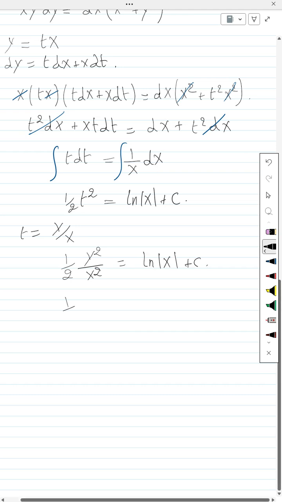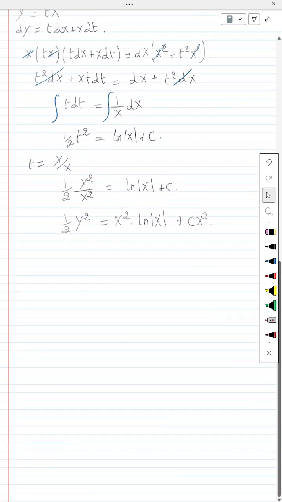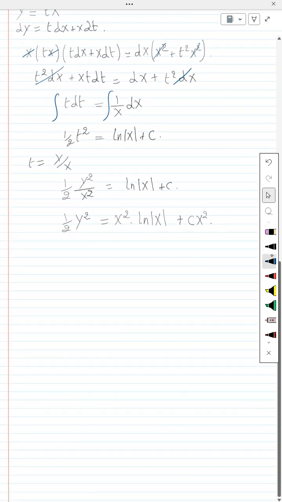So it's going to be 1 over 2 y squared is going to be equal to x squared ln x plus cx squared. And this is our solution for this equation. And I think now it is simple how to know it is a separable and how to know it is homogeneous. Let's see another one.